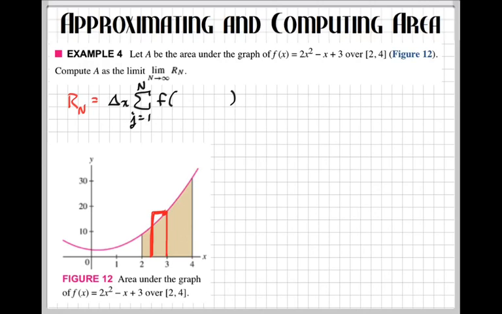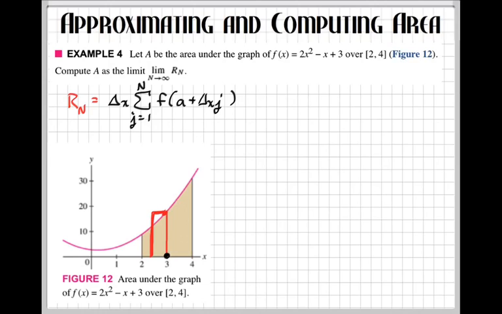Since this is a right endpoint Riemann sum, we're using this one. But to represent it, we would say a plus the change in x, and we also want to put j so that we can represent all the heights of the rectangles.